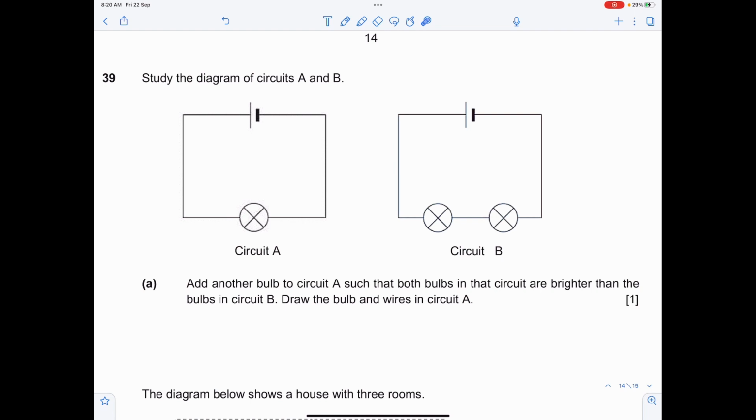So basically, you need to add one more bulb to A, and you want it to be brighter than B. So obviously B is in series.